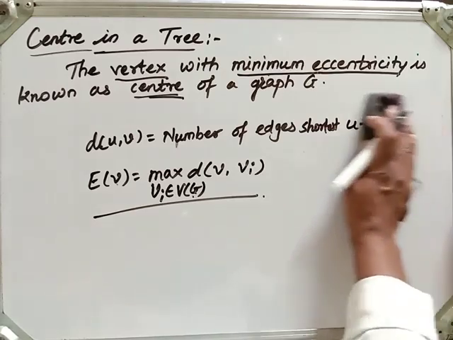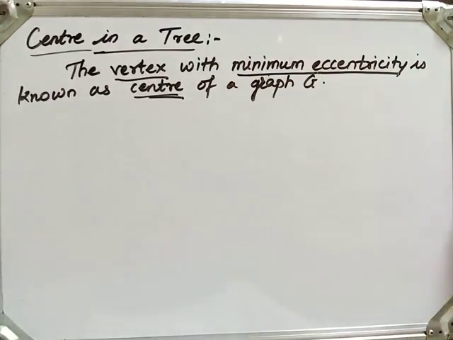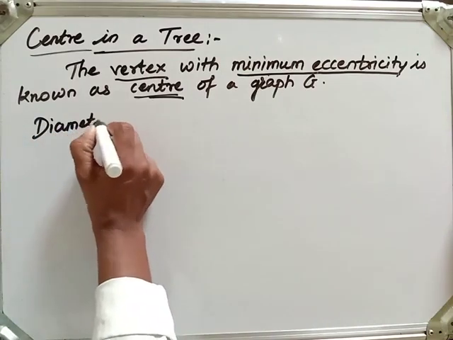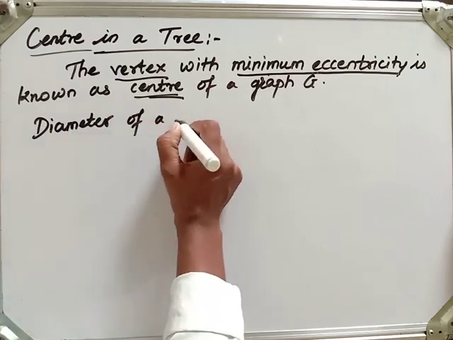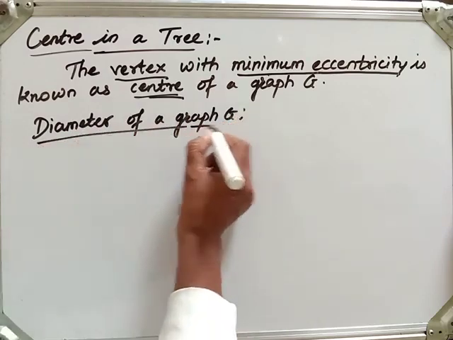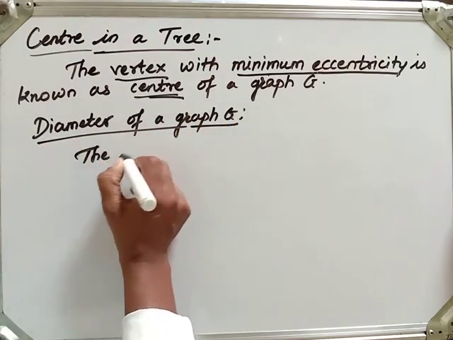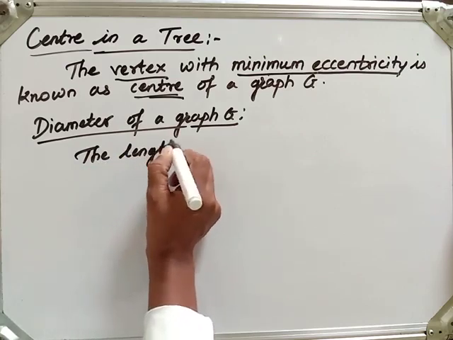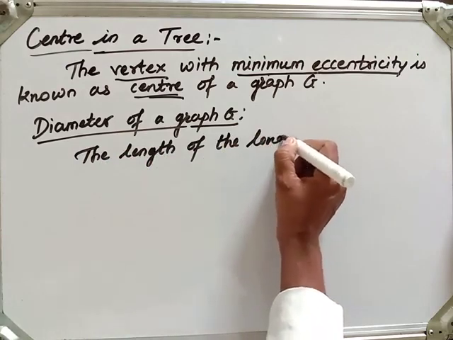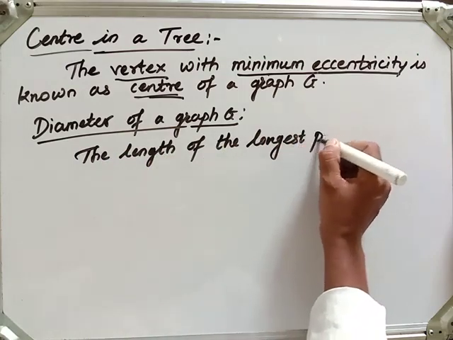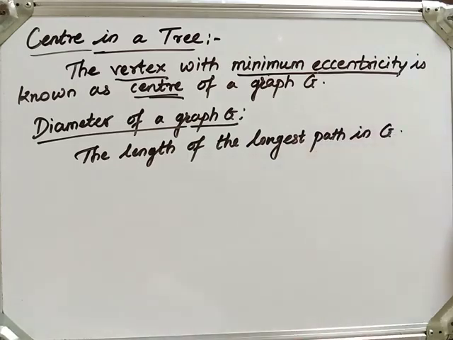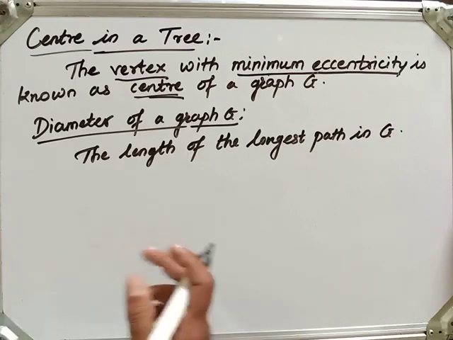So let's go for the example for this. But before going towards the example, let me give one more definition, that is the diameter of a graph G. Diameter of a graph G is nothing but the length of the longest path in G, or we can say it is a maximum distance.